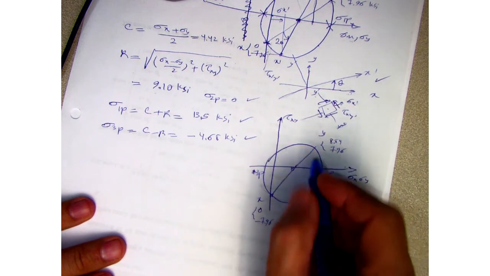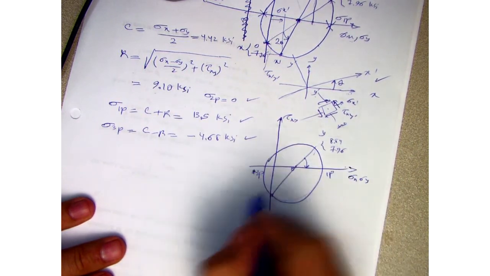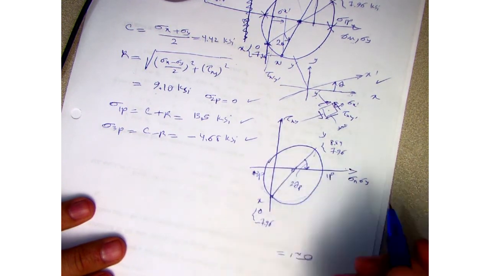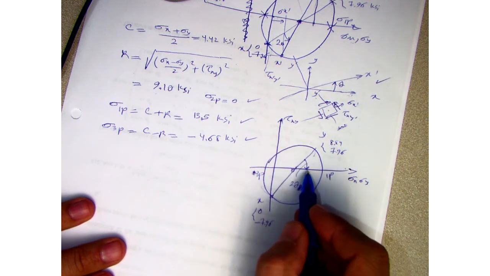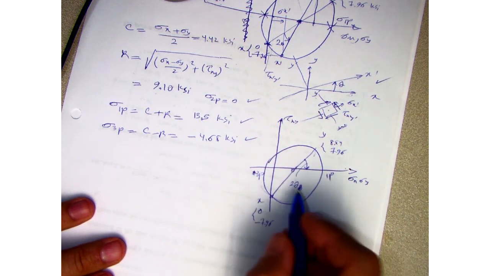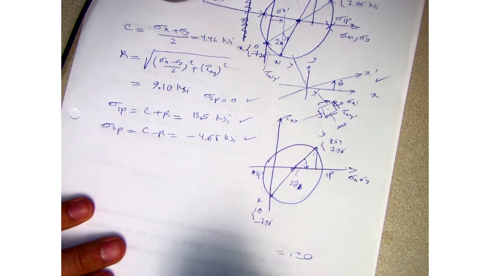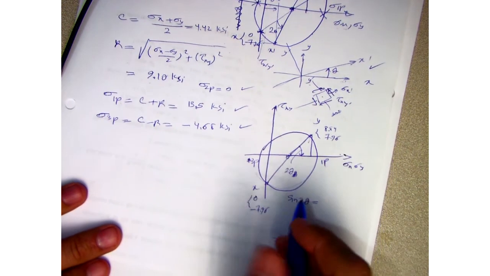So if I rotate the y-axis with this angle, let's call it 2 theta, if I rotate it with this angle, I'm going to get to 1p. Let's see how we can find this angle. If you build a right triangle here, sine of that 2 theta equals what?